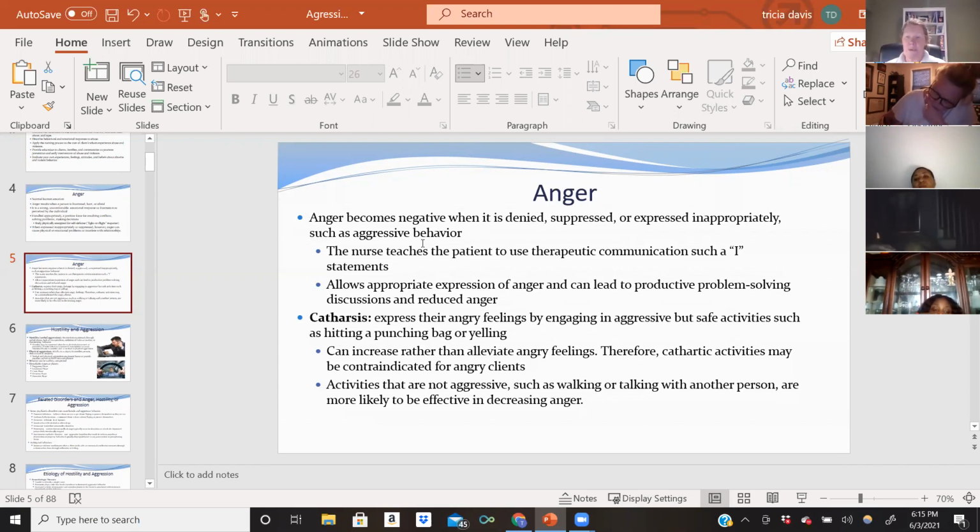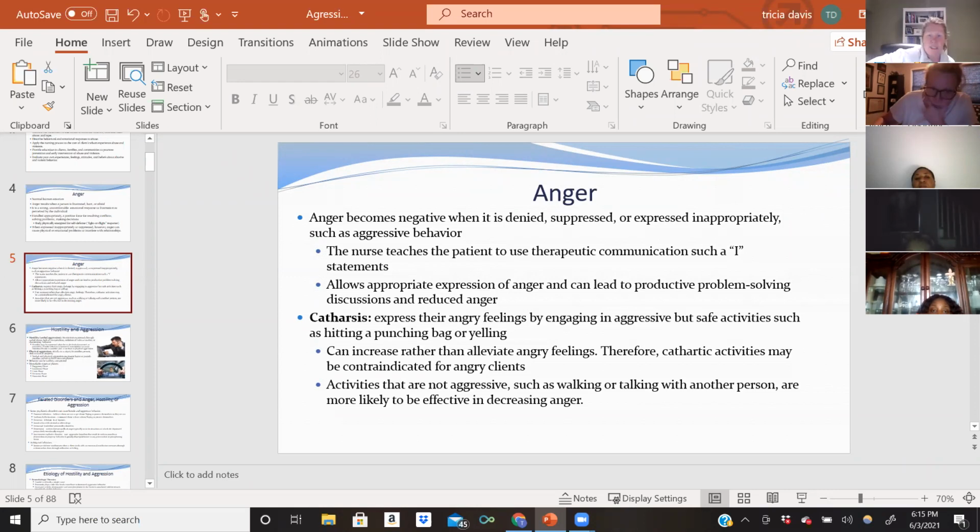So we want to encourage our patients to use those I statements. It allows them to express themselves, and to express their anger in a positive way. It's not inappropriate. It allows the appropriate expression of anger, and it can lead to productive problem-solving discussions and reduced anger.